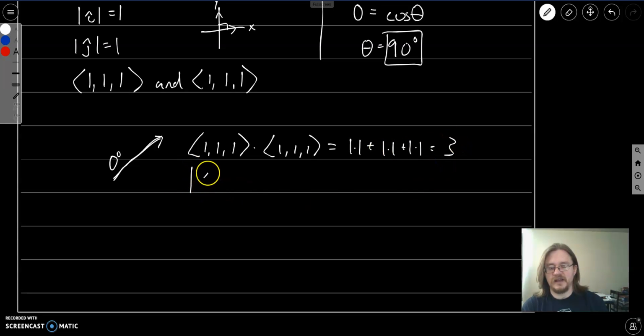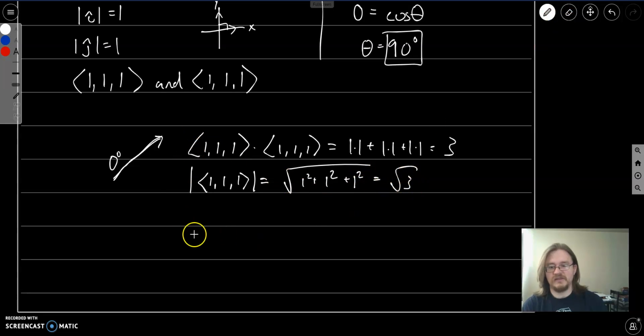And then I need to find the length of both of these vectors. This is going to be the square root of 1 squared plus 1 squared plus 1 squared, and that's the square root of 3.